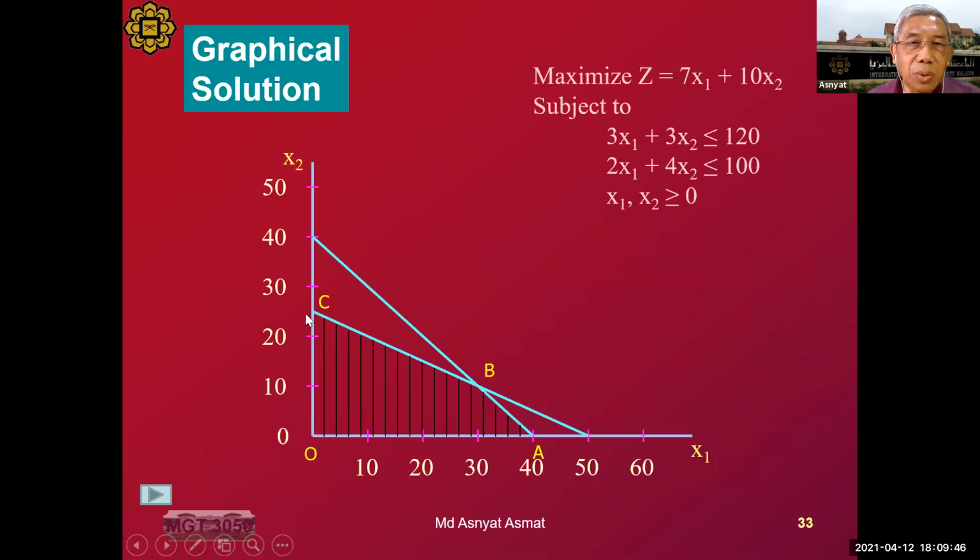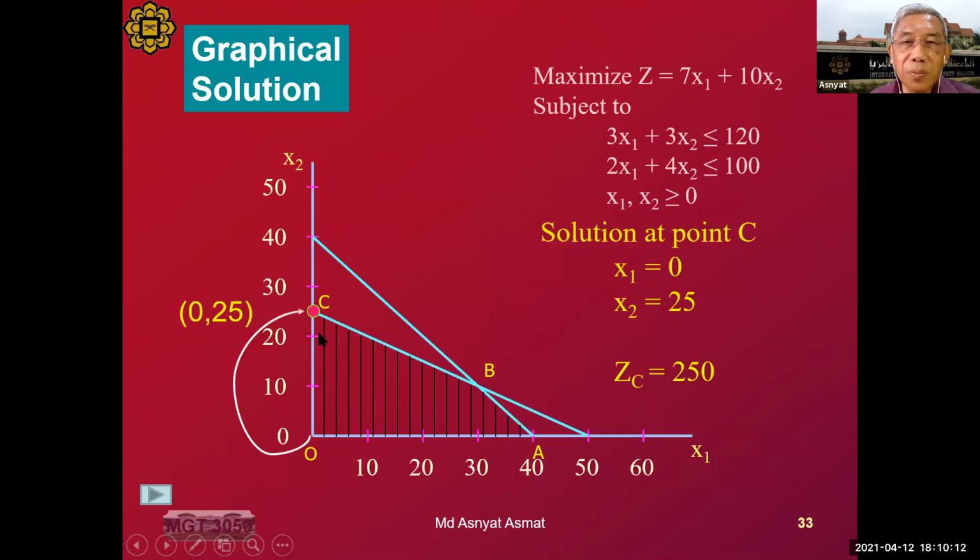Now it moved to this point, 25, which is still within the feasible area. But we do not know whether this is optimal or not using the simplex method. So we are testing this point now. It moved from here to here. The solution is x2 is 25, x1 is 0, z is 250.